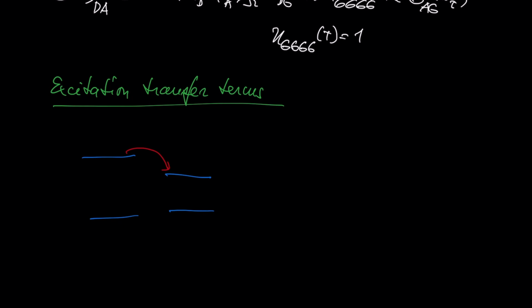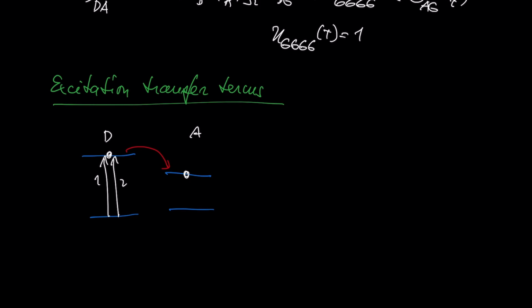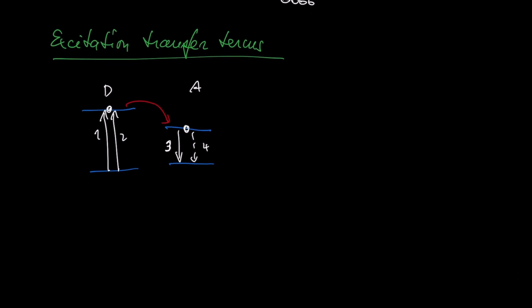For instance, like this, if you excite on the donor, so the first two pulses will act on the donor, then the excitation will be transferred to the acceptor, and then on the acceptor we act with the third pulse and have a signal basically as the fourth appearance of the transition dipole moment. That will be the buildup of the signal. So this type of process already includes transfer during the population time capital T.